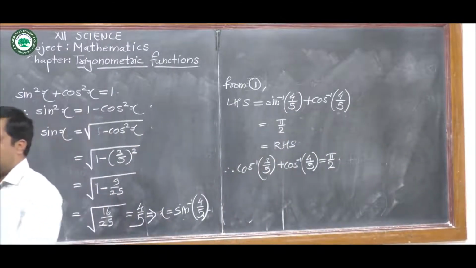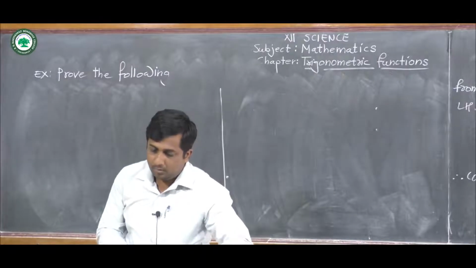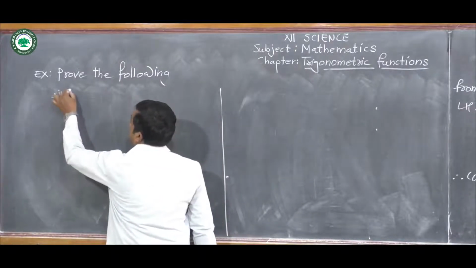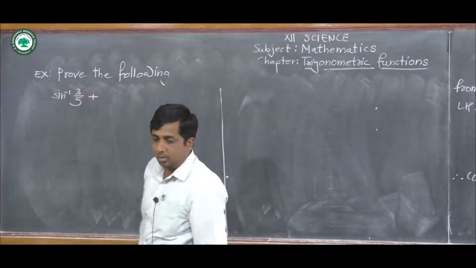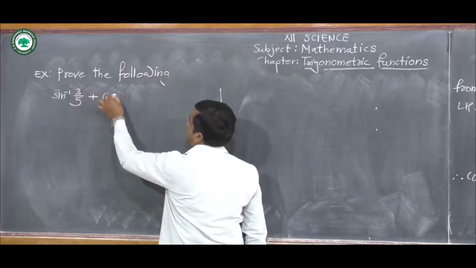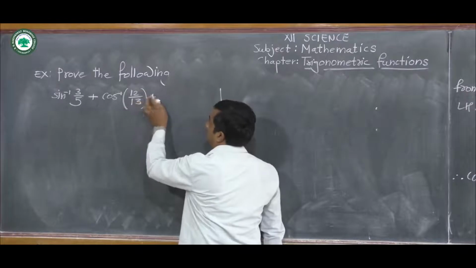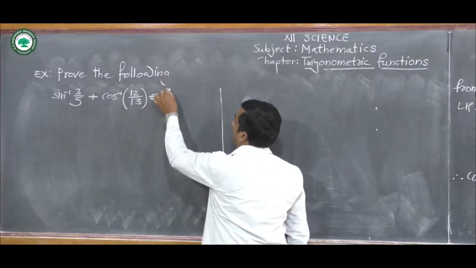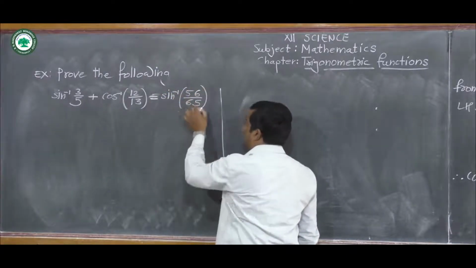Now we go with our next example. Here given sin inverse of 3 by 5 plus cos inverse of 12 by 13 is equal to sin inverse of 56 upon 65.